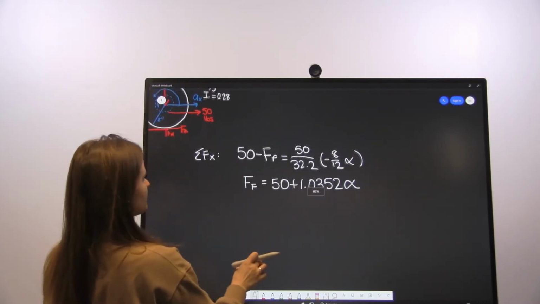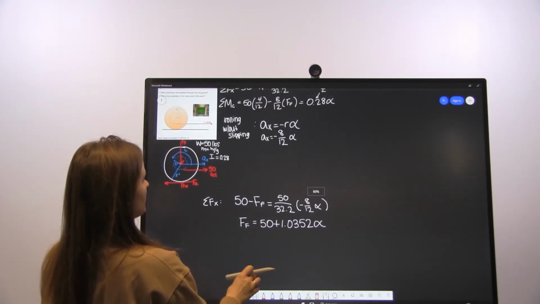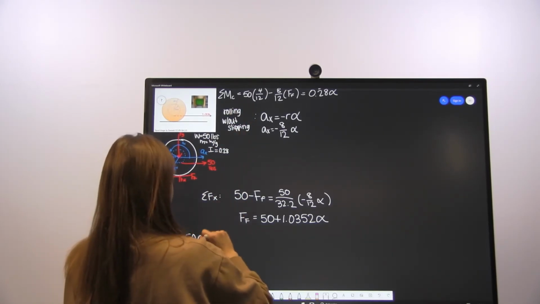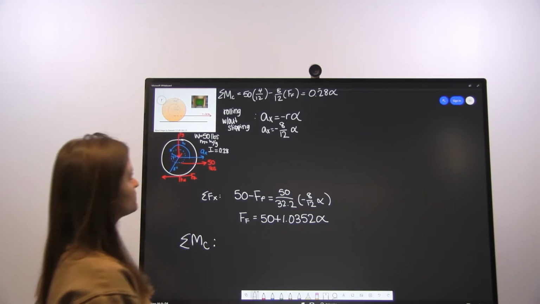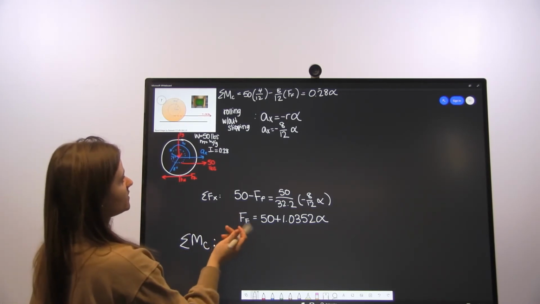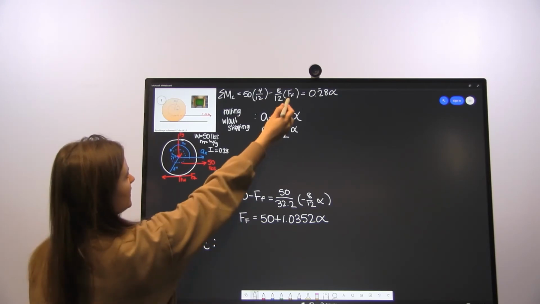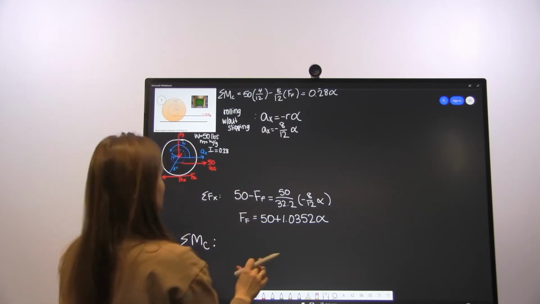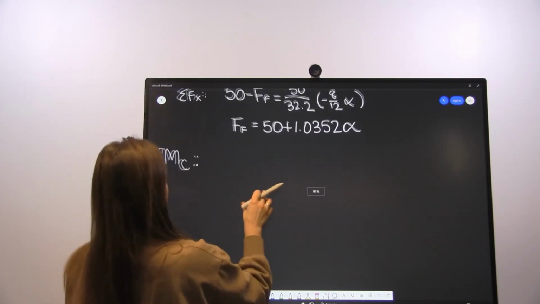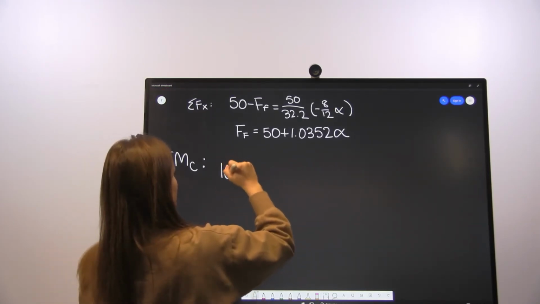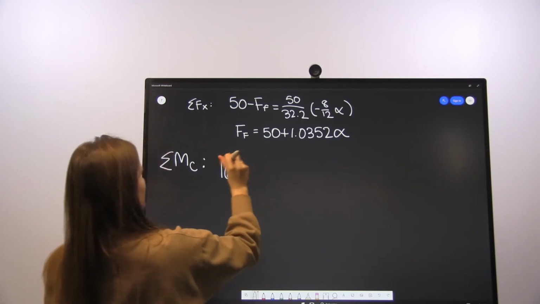And then we can do the same thing for our moment equation. Here we can plug in the frictional force that we solved for. Let me write it out.